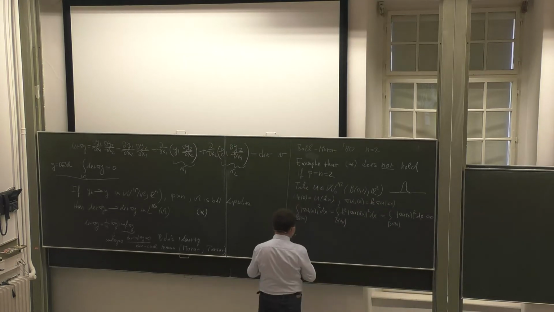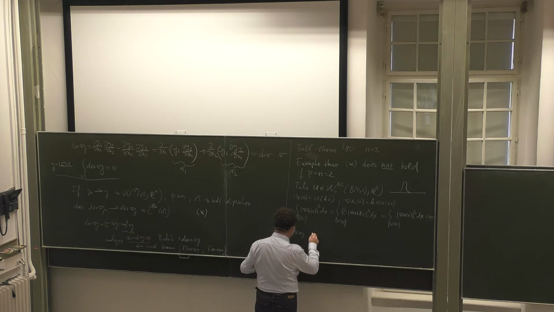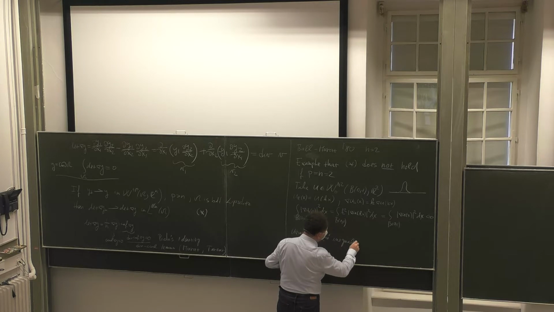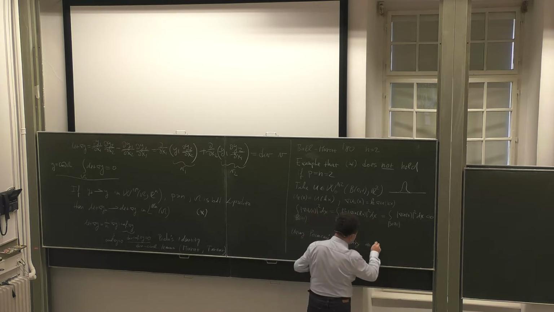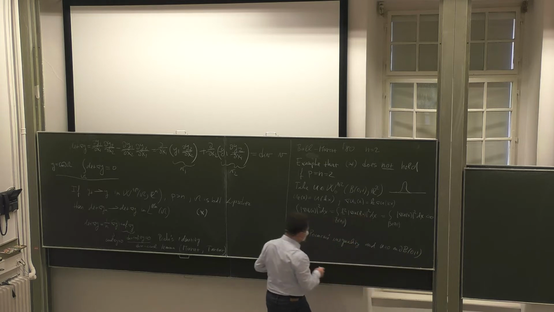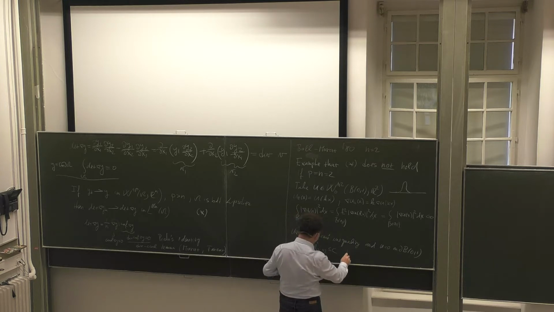Finally, the Poincaré inequality and u equals 0 on the ball imply that the norm of u_k in W^{1,2} is less or equal some constant, which is just this number, for every k.